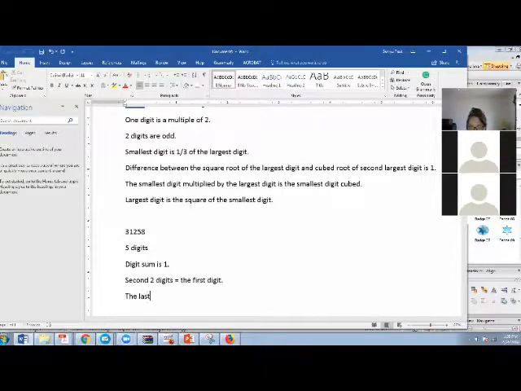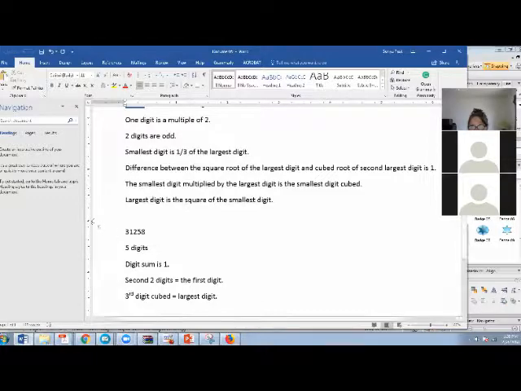The second digit cubed, the third digit cubed equals the largest digit. I was just going to do that. So, third digit cubed equals, oh, I have one.